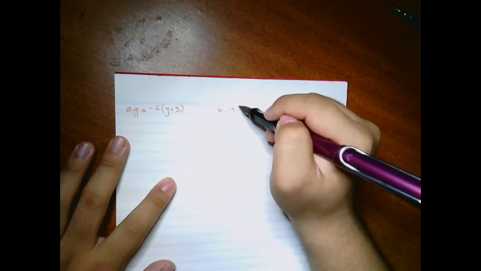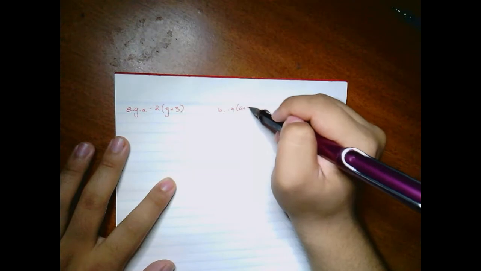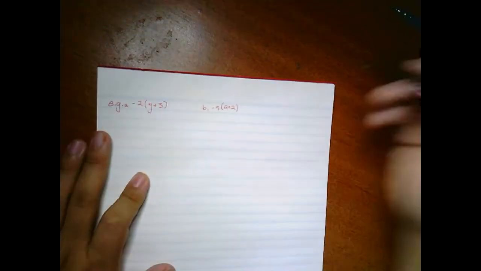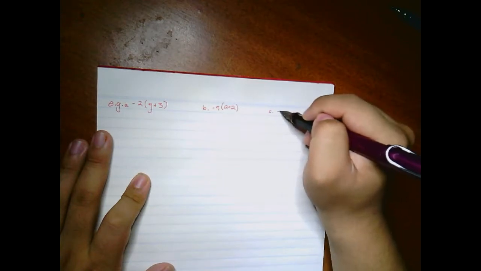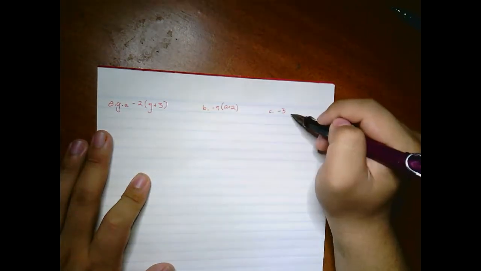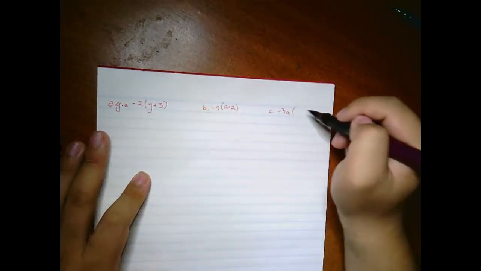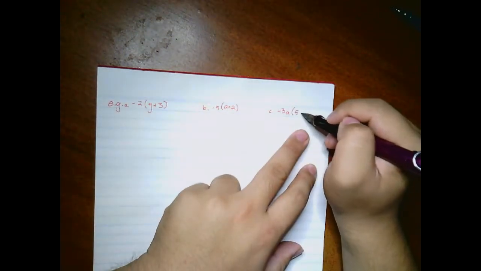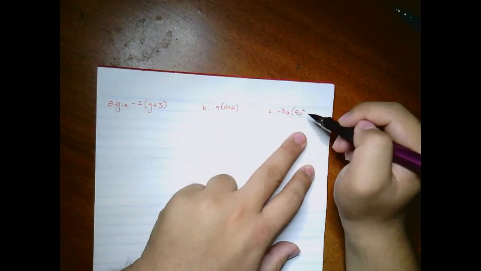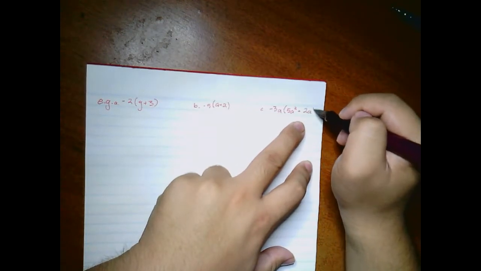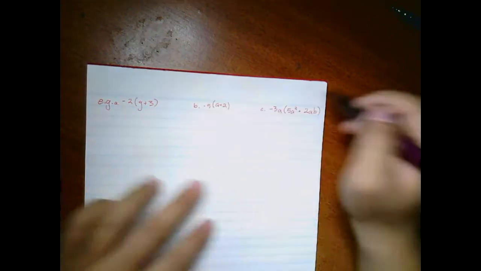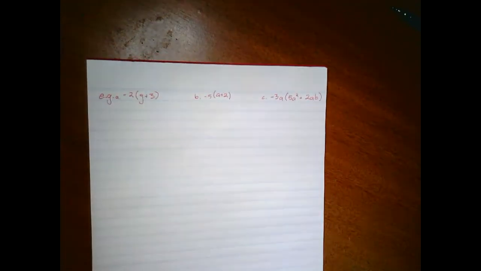Negative 5a plus 2. And let's take the example C of negative 3a outside 5a squared plus 2ab. That one looks very complicated, but we can do it.